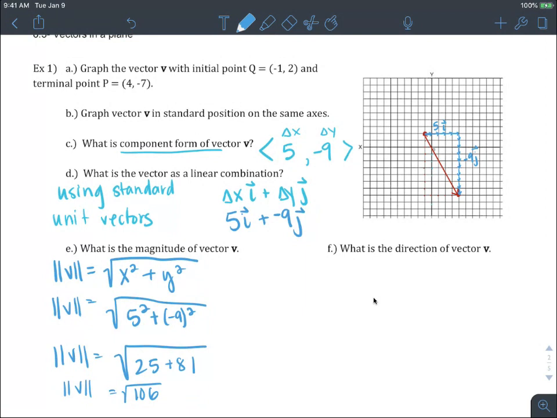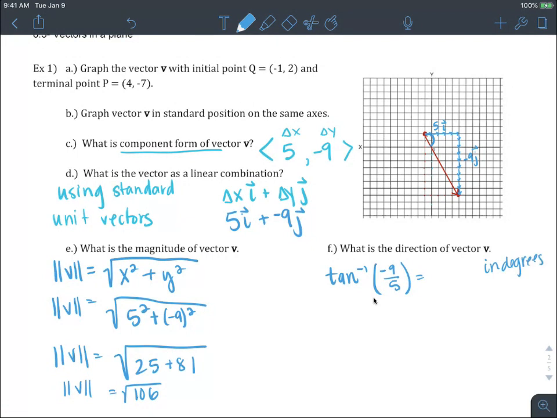Now we're going to look at the direction. In order to figure out the direction, we take the tangent inverse of y over x, so inverse tan of -9/5, and we're going to do this in degrees right now, just for fun.